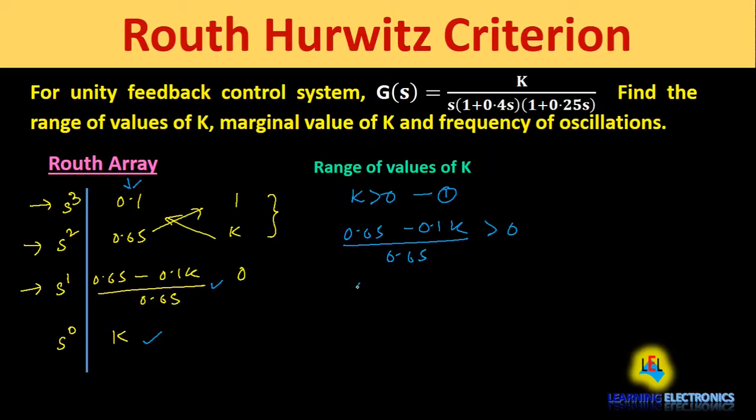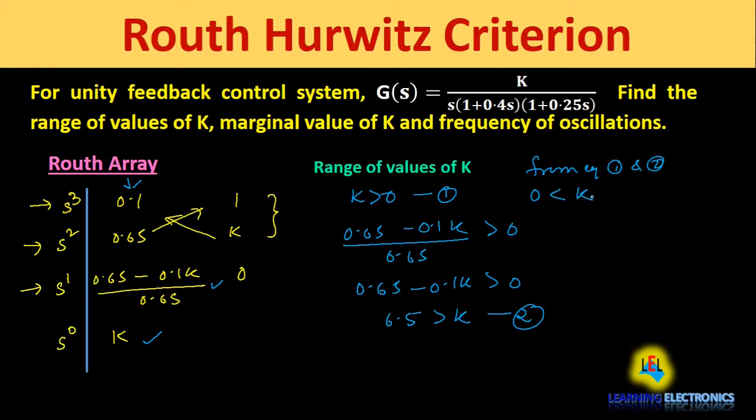From this equation we will get 0.65 minus 0.1k greater than 0. So from here we will get 6.5 greater than k. Let this be equation number 2. Now from equation number 1 and 2, we can see that the range of values of k will start from 0 smaller than k, then k will be smaller than 6.5. So this is the answer of the range of values of k.